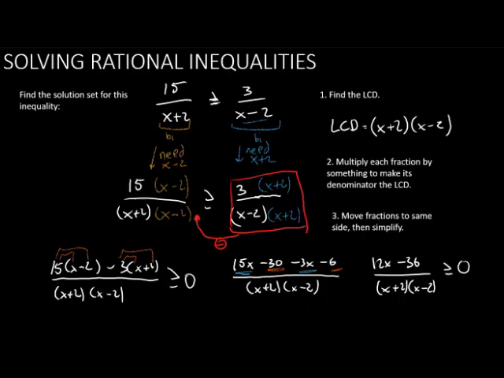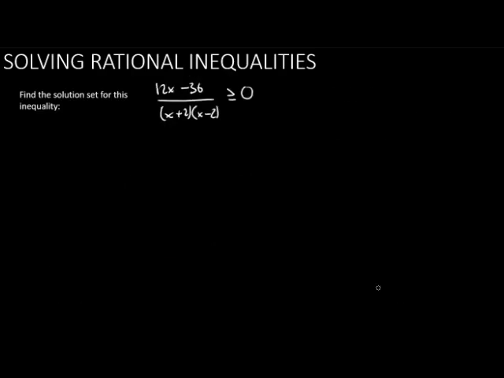Now that we've simplified our fraction, let's find the zeros and the asymptotes. We'll begin by finding the zeros. To find the zeros of a rational inequality, we will set the top equal to 0. Therefore, we'll take 12x minus 36 and say it equals 0.